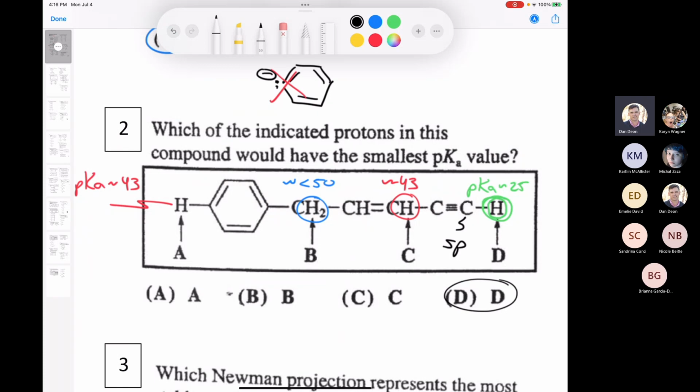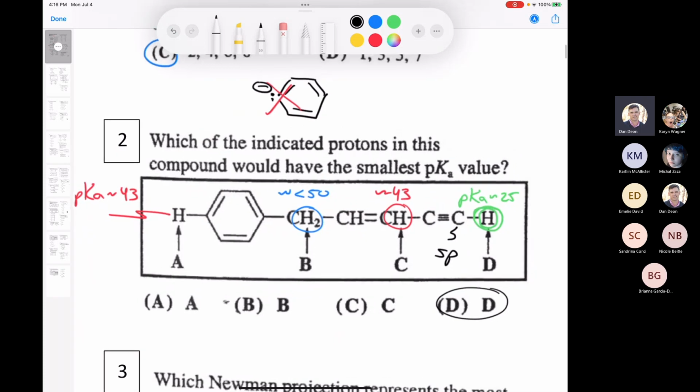Right, and we could even look at this from the point of view of ARIO if you wanted to. We can't use atom because if you were to make the conjugate base of any of these, the negative charge would be on a carbon. We can't use resonance because there's no real resonance structures to draw. There's no induction. So we have to use orbital, right?